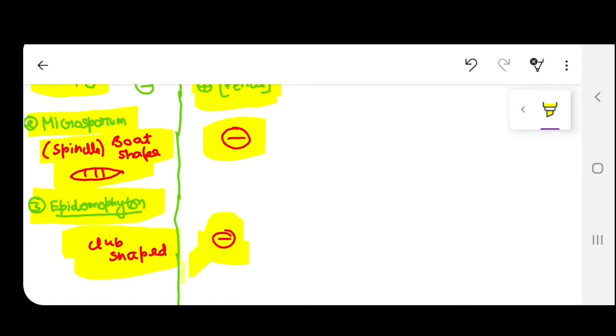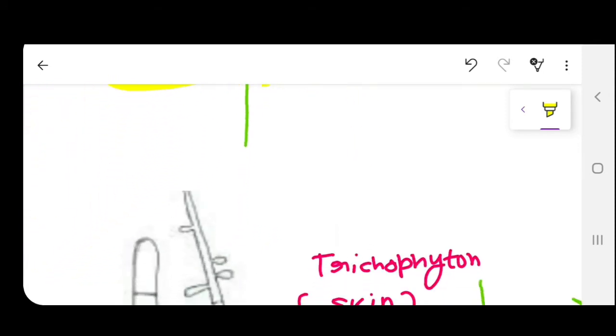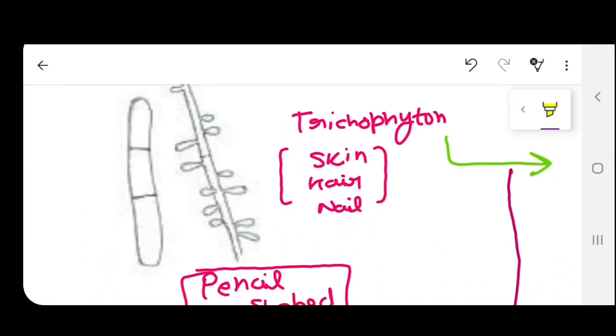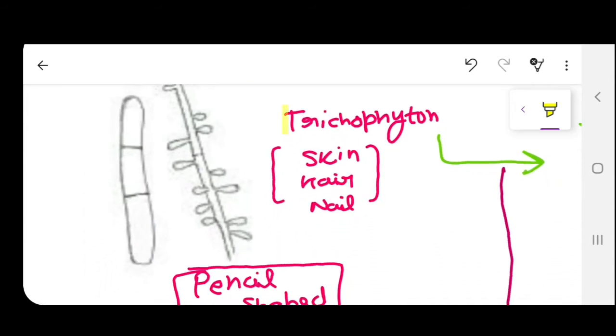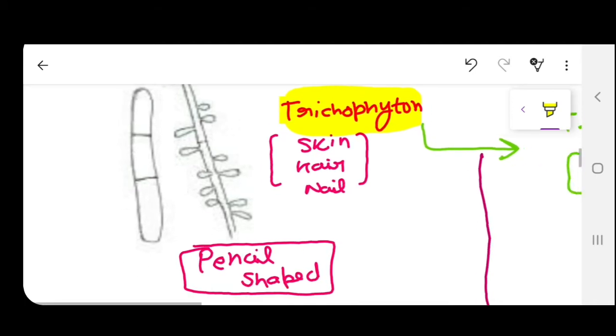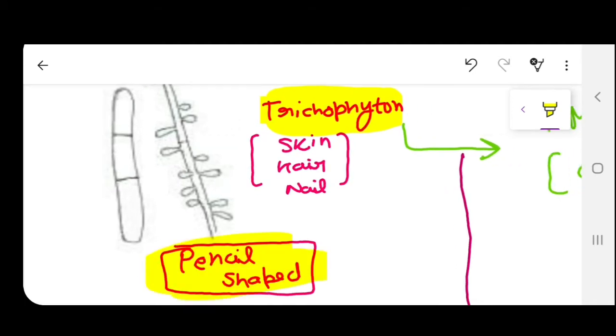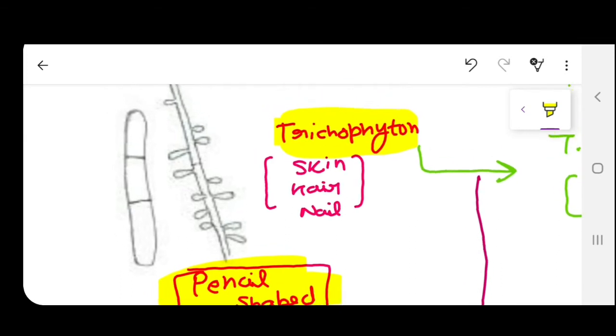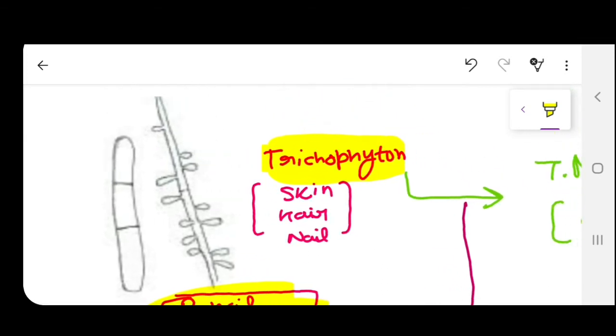So guys, let us see the shapes of these. First of all, this is Trichophyton, and you can see here it is of a pencil shape. It includes skin, hair and nails.